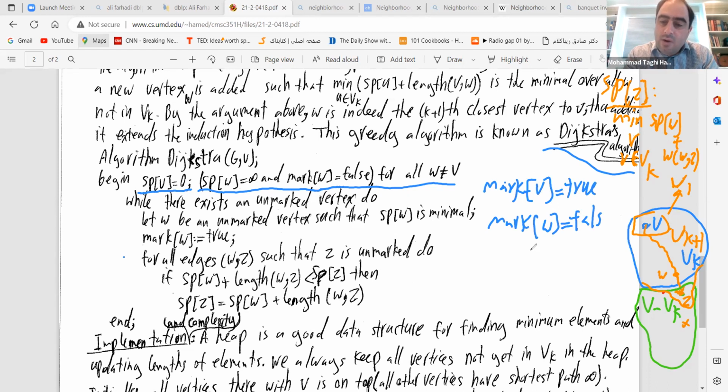Those vertices, so mark of W is equal to true means W is belonging to this V_K.